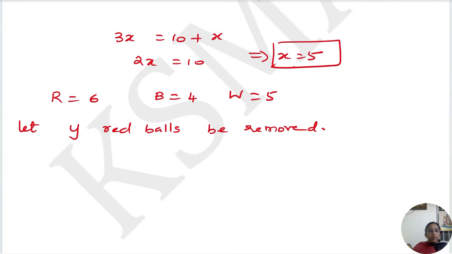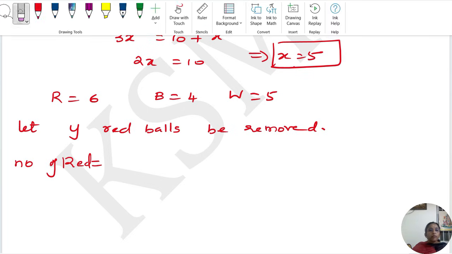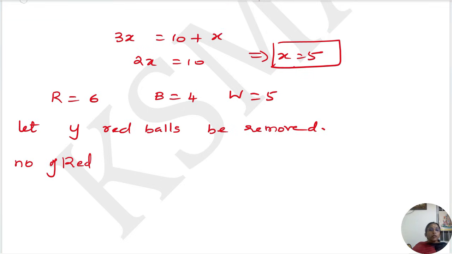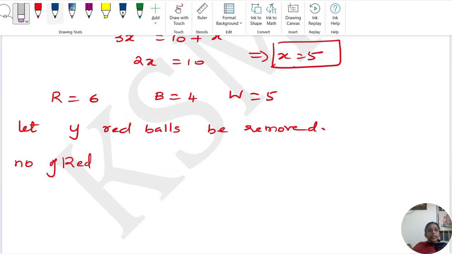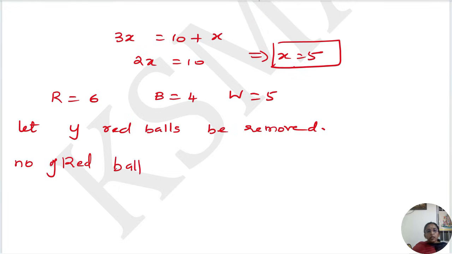So already we have 6. So now the number of red balls is, the red total is already 6 and y is removed. So 6 minus y.